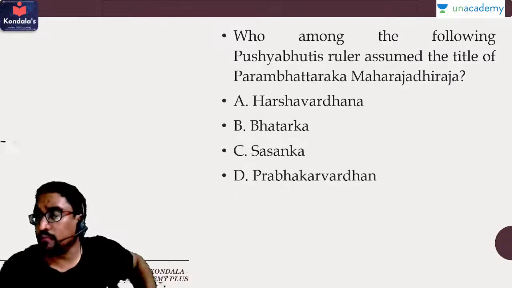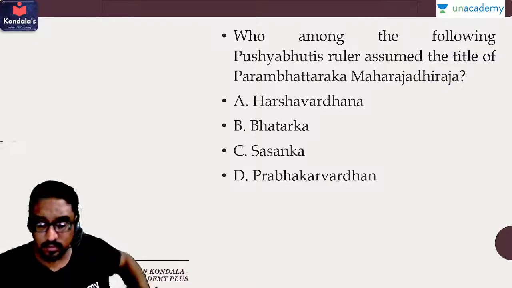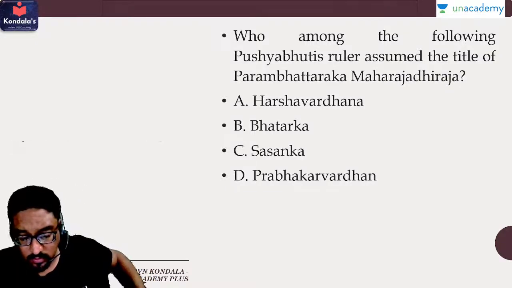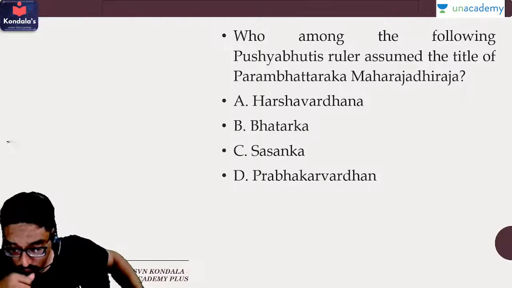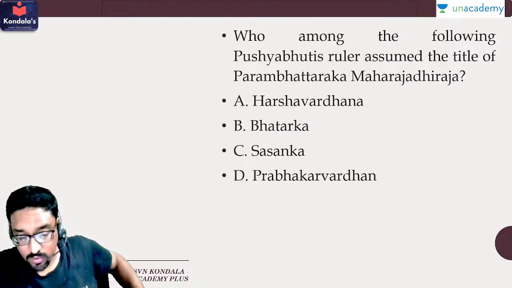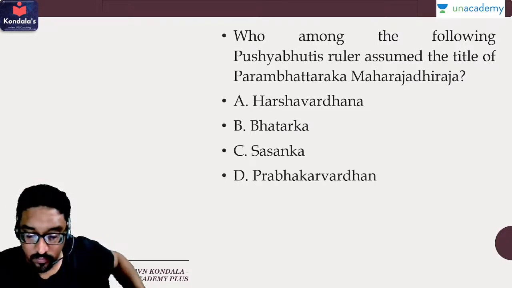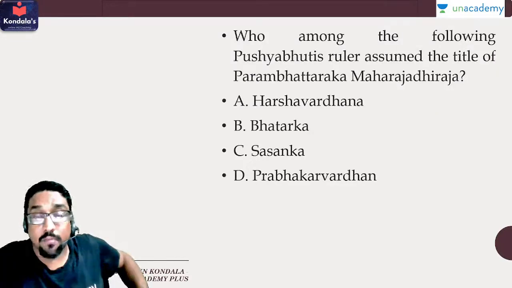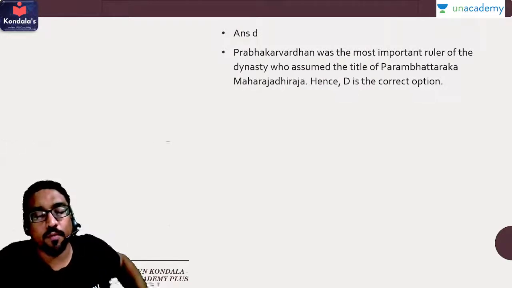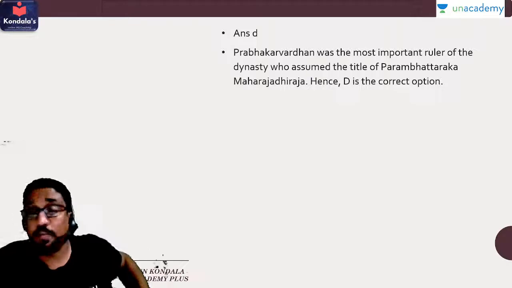Who had the title Parama Bhattaraka Maharajadhiraja? The answer is D, Prabhakaravardhana. Prabhakaravardhana was the most important ruler of the Vardhana dynasty, who assumed the title Parama Bhattaraka Maharajadhiraja.